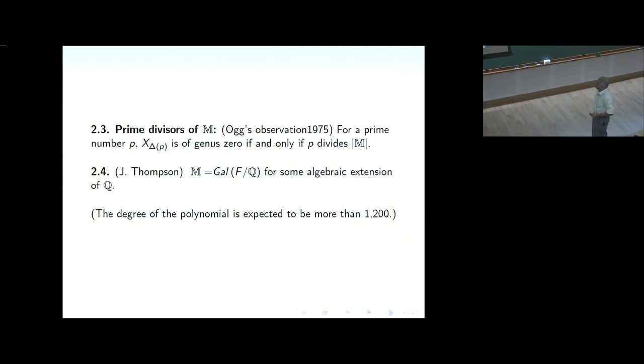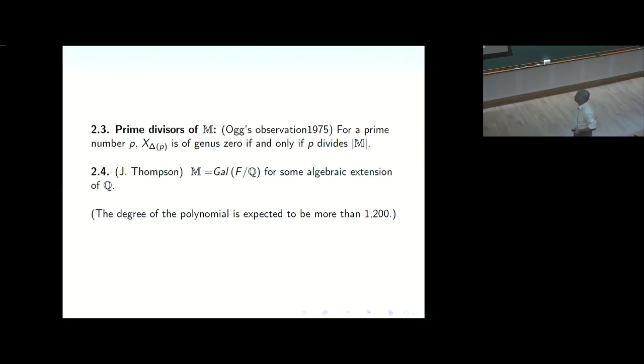This set of prime divisors of the monster is exactly the same as the set of all primes for which a certain Riemann surface associated with a modular group has genus 0. This was Ogg's observation, but by that time Thompson and other people had already calculated the order of the group. So this is an observation of Ogg.